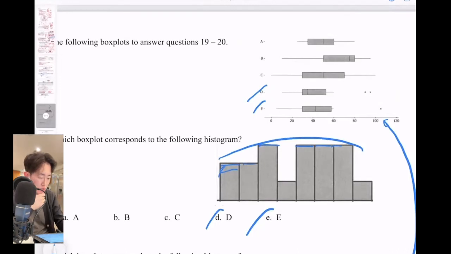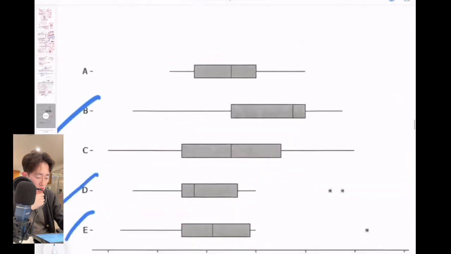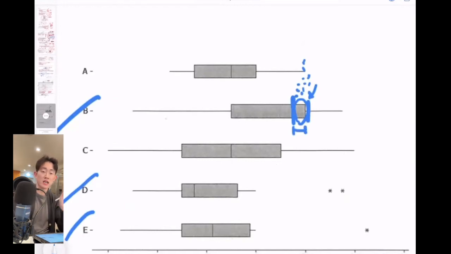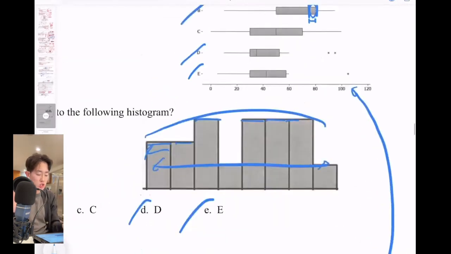So what that means for me is I have to eliminate B because this means a lot of data is congested around that area. Like if I were to represent a dot plot, so many dots are plunged around that. The spread, the variability from the 50th percent to the 75th percent, the quarter of that entire data set, are all congested into this one data with wherever that may be. But you can see how this is much more well spread out.